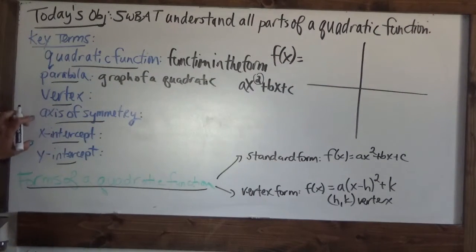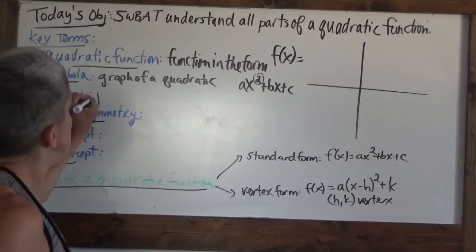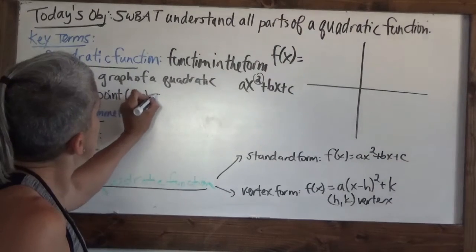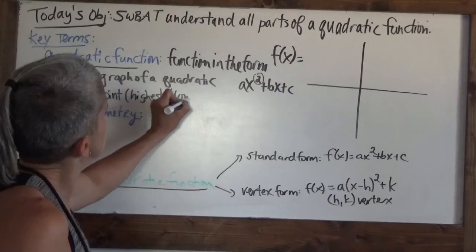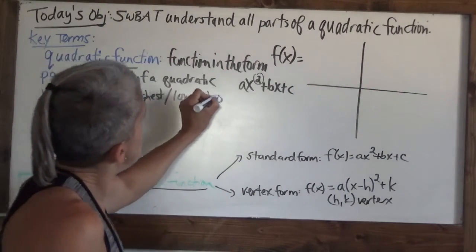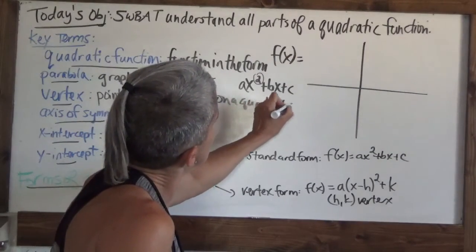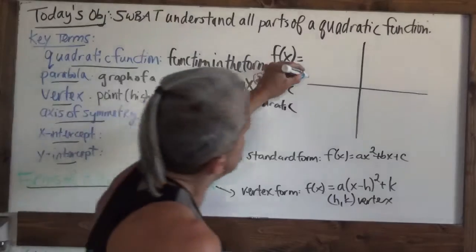Now we're getting into a little bit more specific parts of a parabola. What's a vertex and what's an axis of symmetry? Well, the vertex is a point, either the highest or the lowest on a quadratic. So I'm going to make a little x and y axis here.